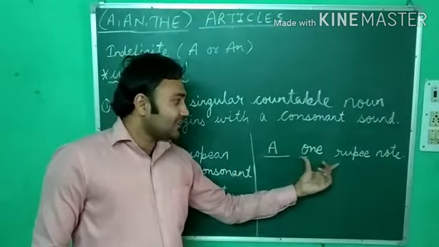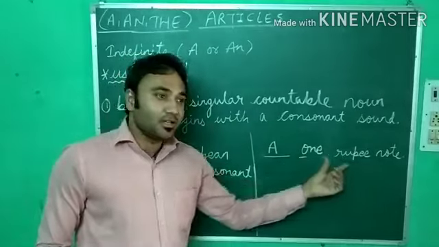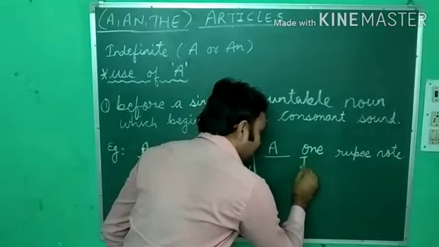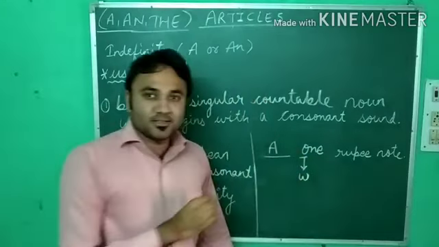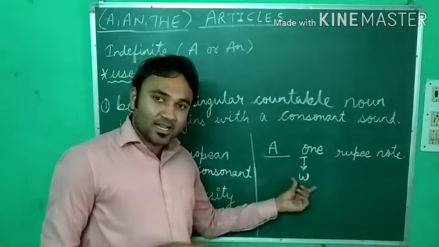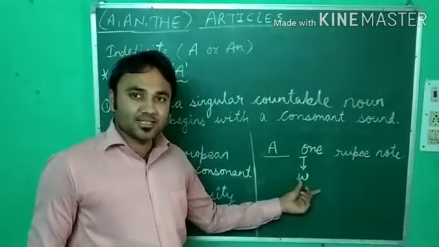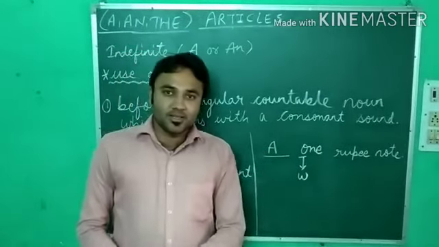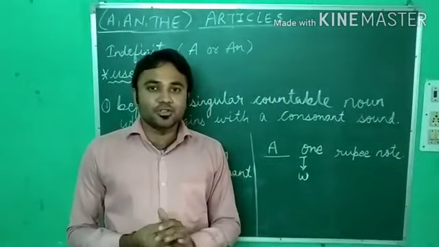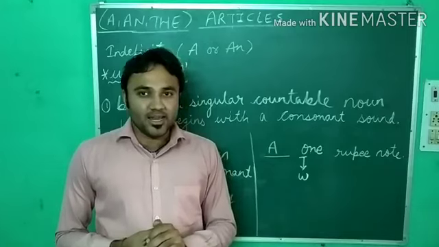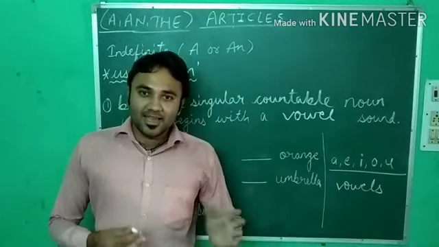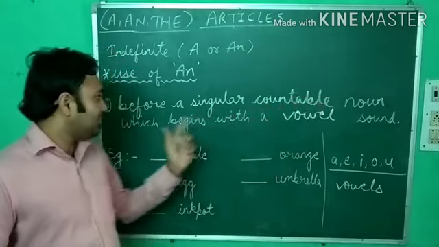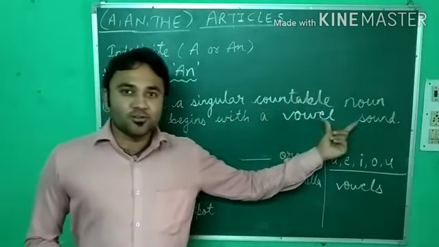In this example, a 1 rupee note, when we read this word, O and E are giving us a sound of wa, which is again a consonant sound. Hence, we have written article a. Now, let us look at the use of article an. An is used before a singular countable noun which begins with a vowel sound.